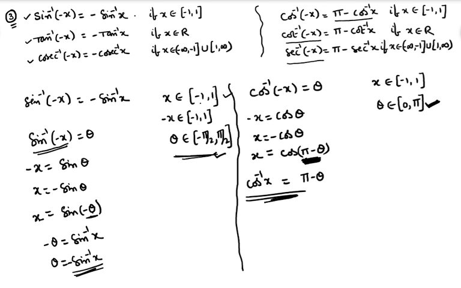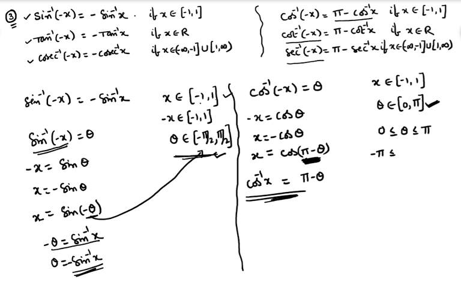Because you see here, x is equal to sin of minus theta, and I wrote minus theta is equal to sin inverse x. The reason is minus theta is also present in the same branch, right? Now you can observe here, 0 less than or equal to theta less than or equal to pi.